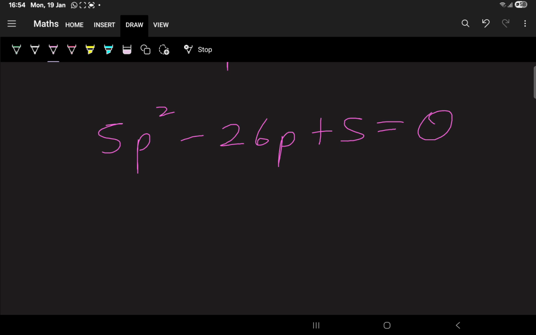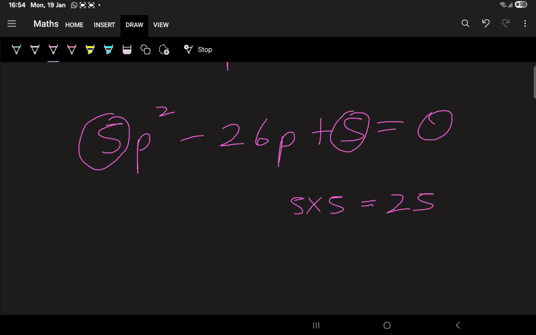So to factorize an equation like this, since the coefficient of p squared is not 1, I'm going to multiply the coefficient of p squared and use it to multiply this. So this is what I mean. 5 times 5 is 25.